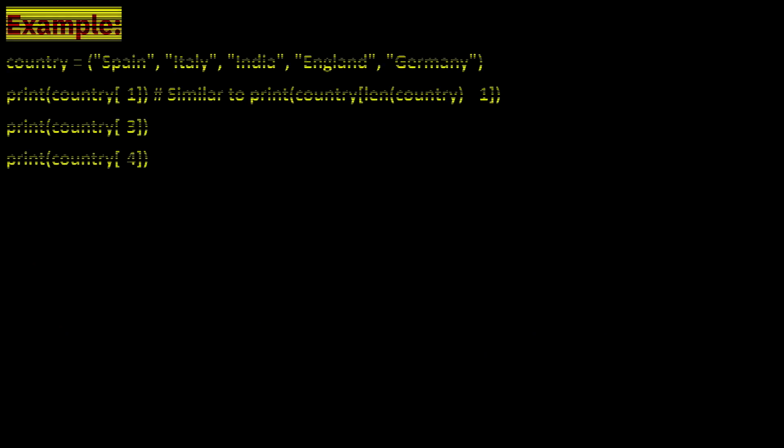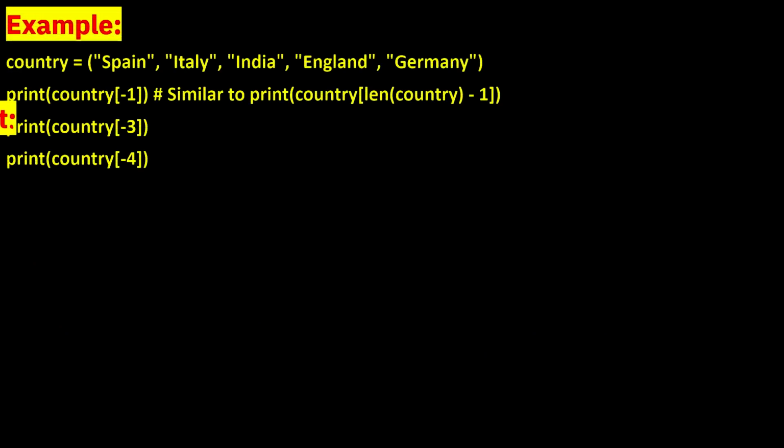Example: country = ("Spain", "Italy", "India", "England", "Germany"). print(country[-1]). print(country[-3]). print(country[-4]). Output: Germany, India, Italy.